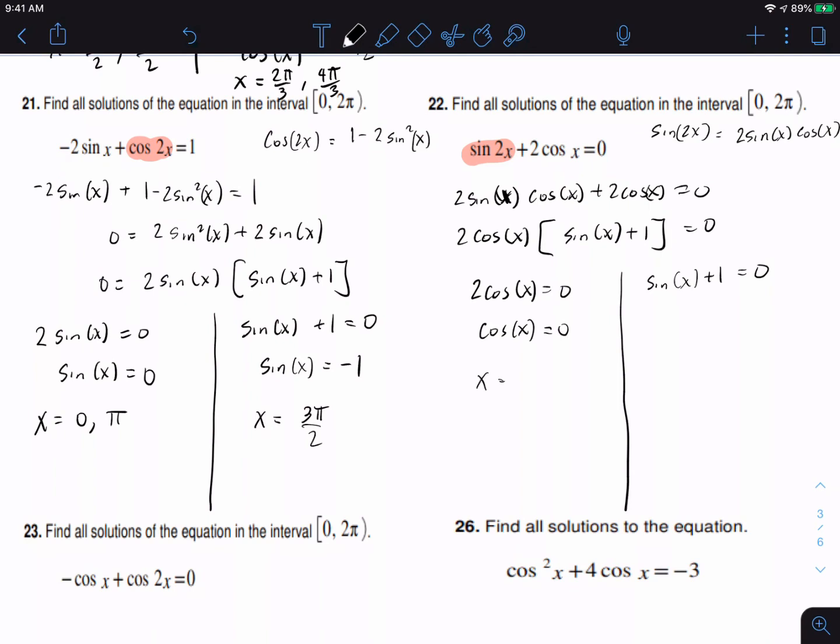So where does that happen? That happens at two places: at pi over 2 and 3 pi over 2. And then here again, sine of x is equal to negative 1. We know that. We're starting to see it's repeating itself quite a bit.